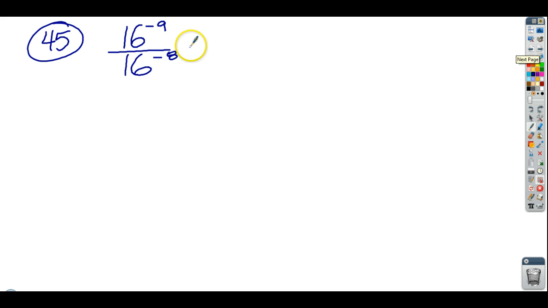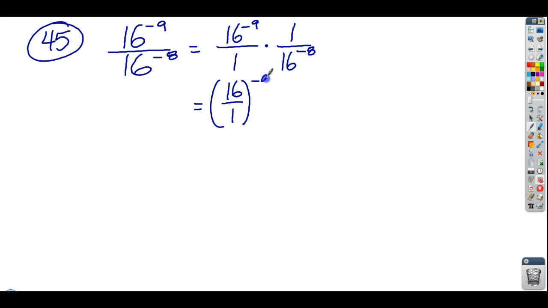Okay, same thing here. So I'm going to rewrite this as 16 to the negative 9th over 1 times 1 over 16 to the negative 8th. All right, well, this is the same as 16 over 1 to the negative 9th power, right? And this is 1 over 16 to the negative 8th.